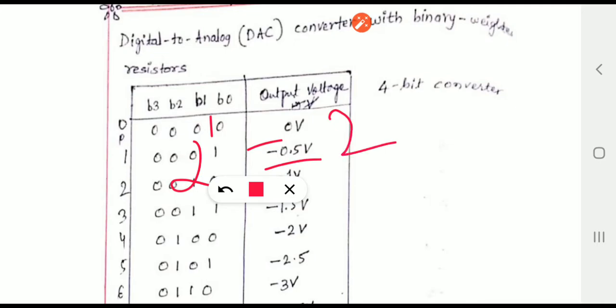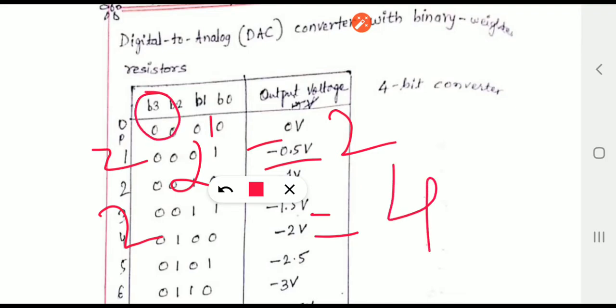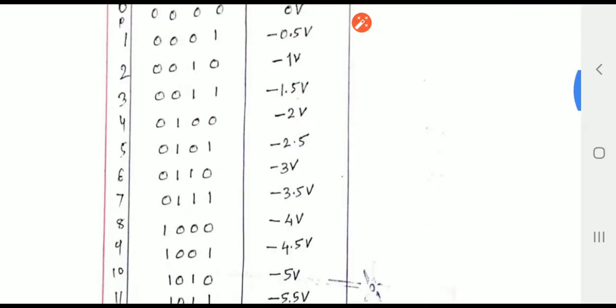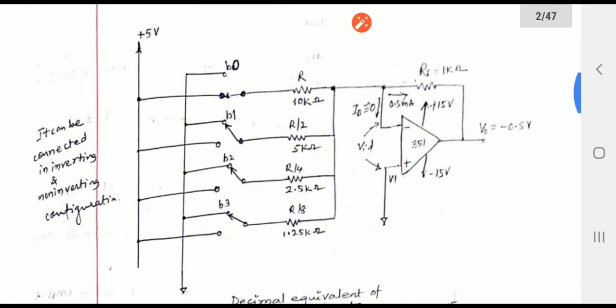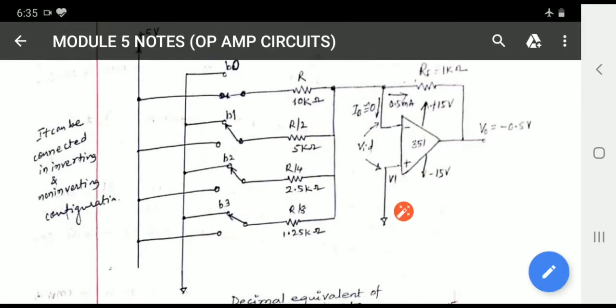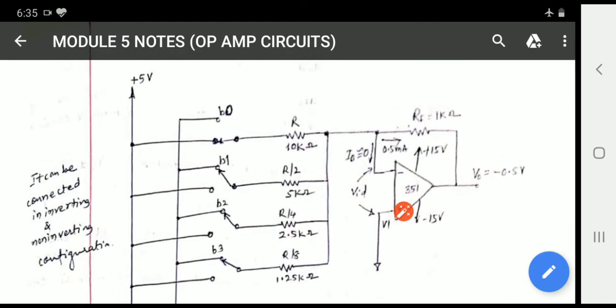Similarly, for B2, 2 raised to 2 is 4. Like this for B3 also. Based on that, the values of the resistors are chosen. So the value of the input resistor of B1 is R by 2.